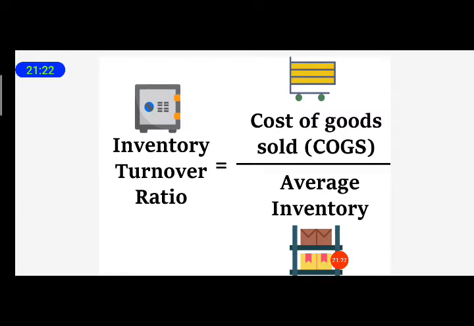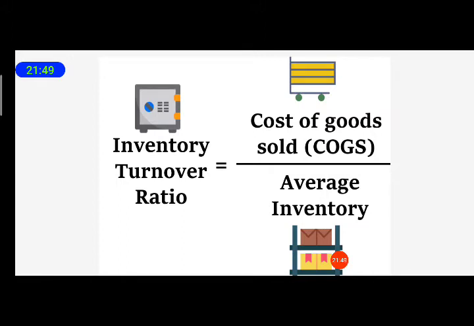This ratio shows that a higher ratio indicates efficient performance and a lower ratio suggests that steps should be taken to push up the sales. This is called the inventory turnover ratio.